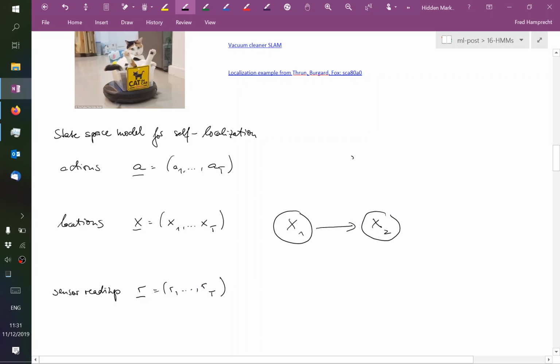So we have variable action 2. And I'm again going to shade this box to say that this is an observed random variable.